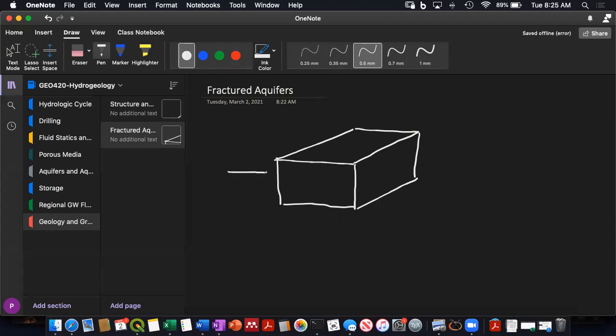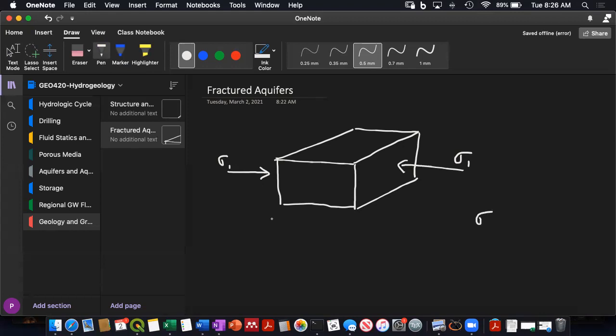The symbol for stress is sigma. Let's say we're in a setting where the plates are causing compression. Then the direction of highest stress is this compressive direction, and we call that sigma 1. So sigma 1 here is our highest stress.